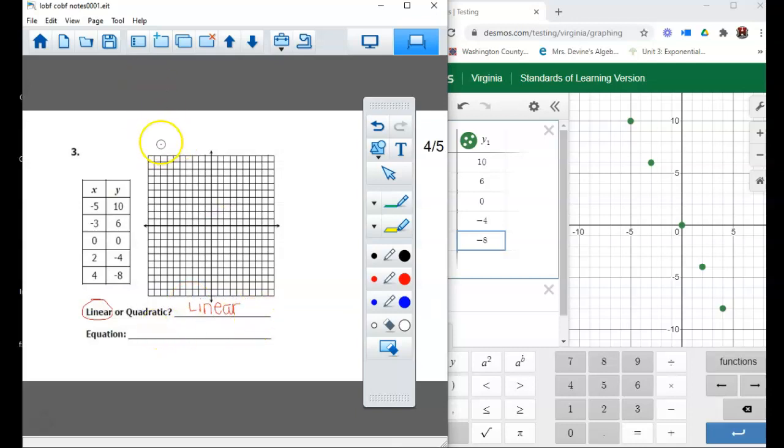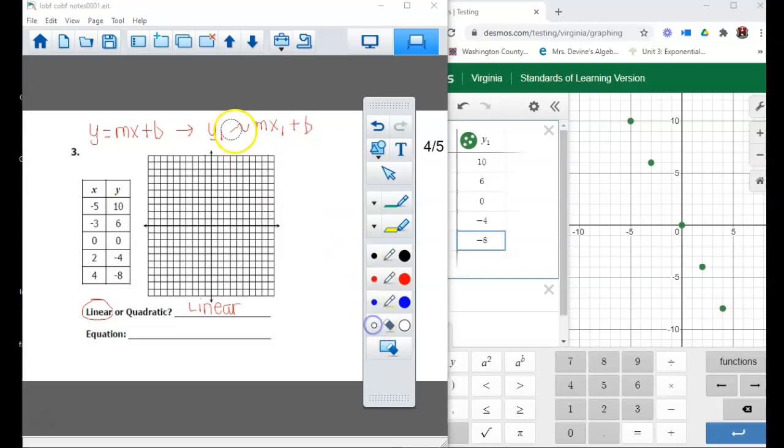And now that I know it's linear, I know what equation to use. A linear equation is the y equals mx plus b equation. For the calculator, I will have to make that y1 squiggle. mx1 plus b.